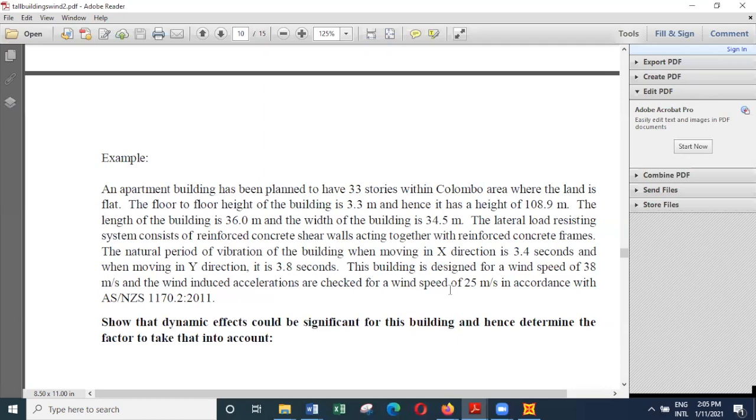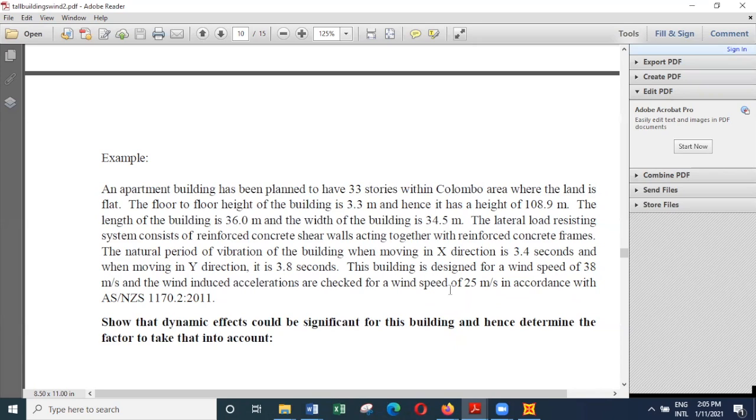Under acceleration conditions, we consider a return period of about 1 to 2 years, because just because you felt a little acceleration on a windy day, it's not going to do much harm unless the acceleration is too high. So we do not check the accelerations for very high wind speeds.